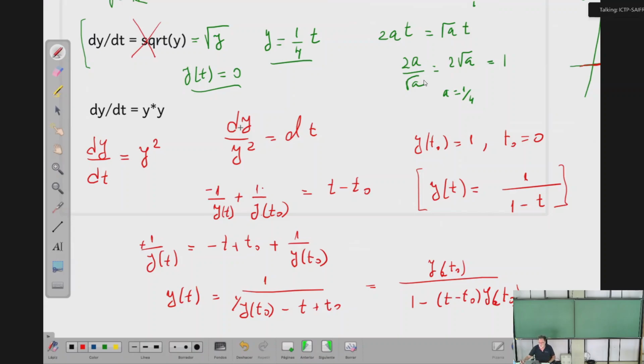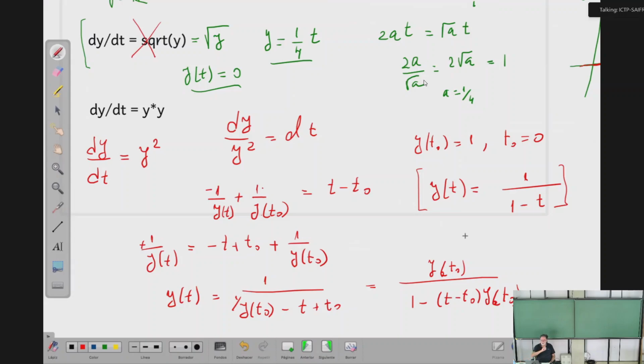So the solutions can go bad, they can stop for some finite time. The only thing we are going to prove is that the way this thing goes bad is either the f ceases to be smooth at some point, or ceases to exist, or the y goes to infinity.